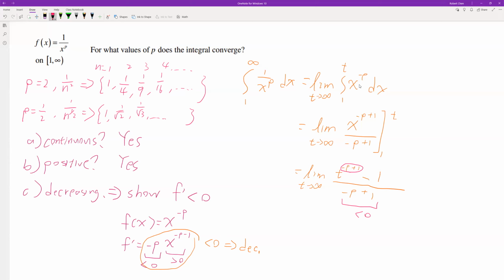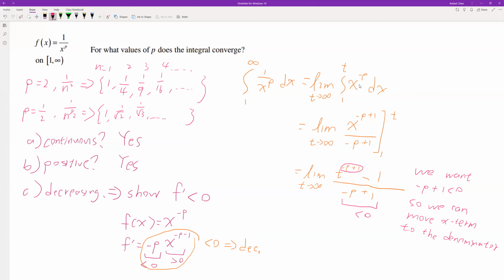We want negative p plus 1 to be less than 0, so we can move the t term to the denominator.